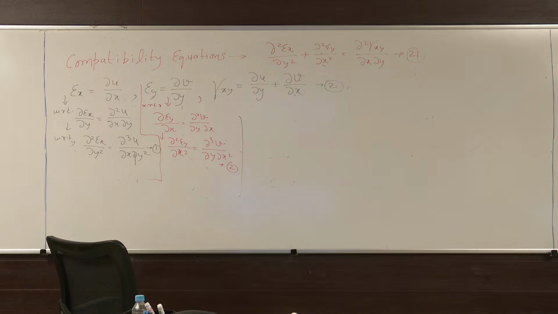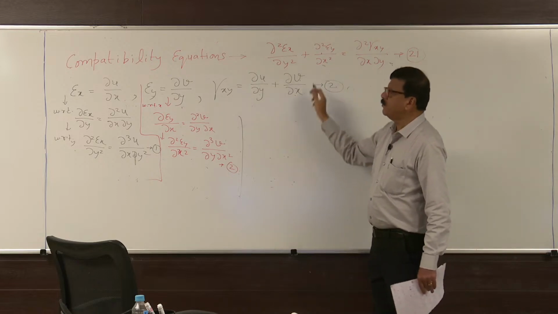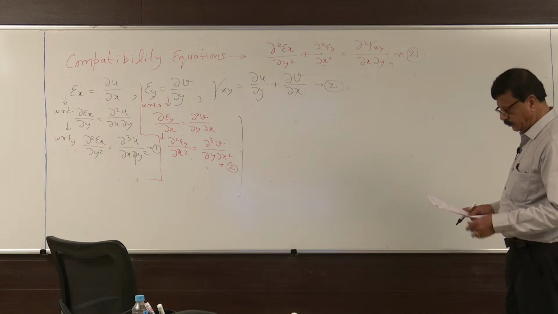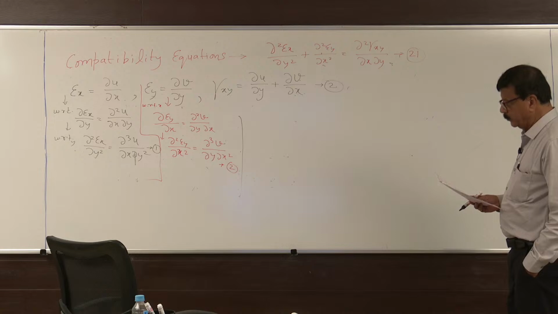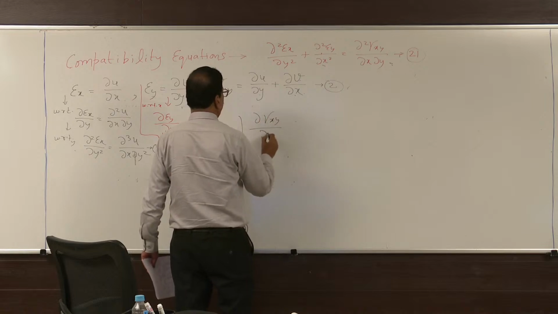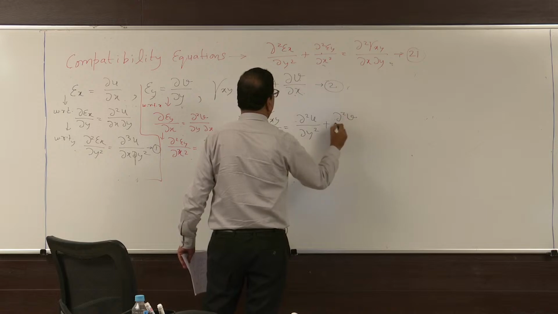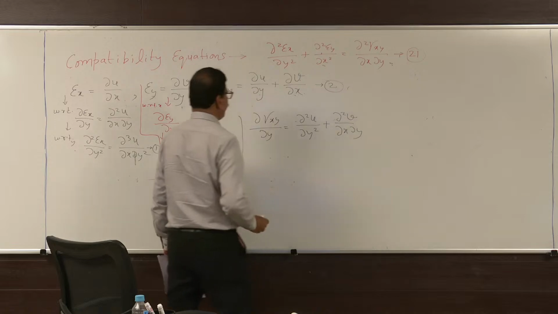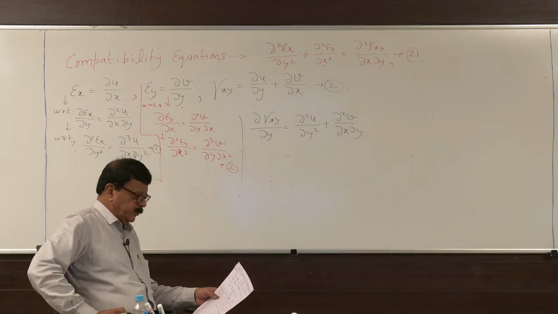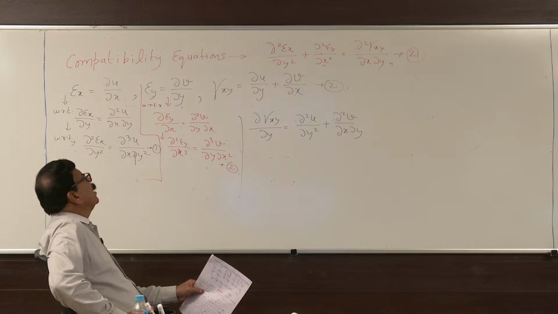Now to get this, differentiate this with respect to, anybody tell me? What is there in the 21?